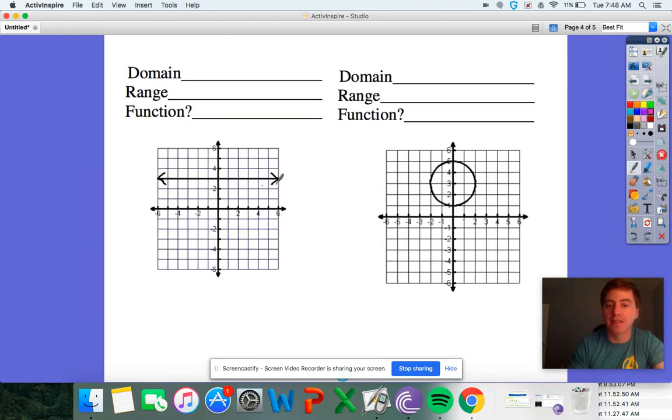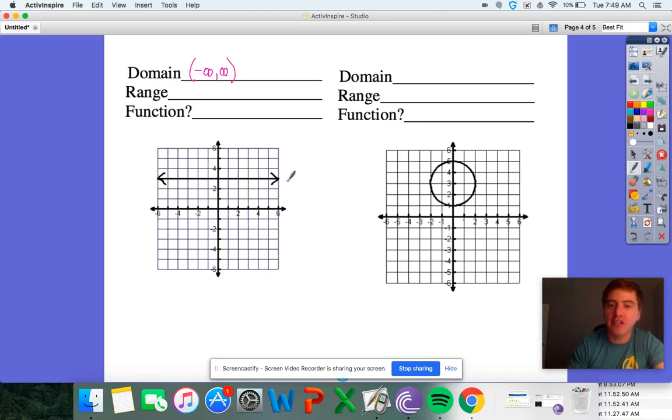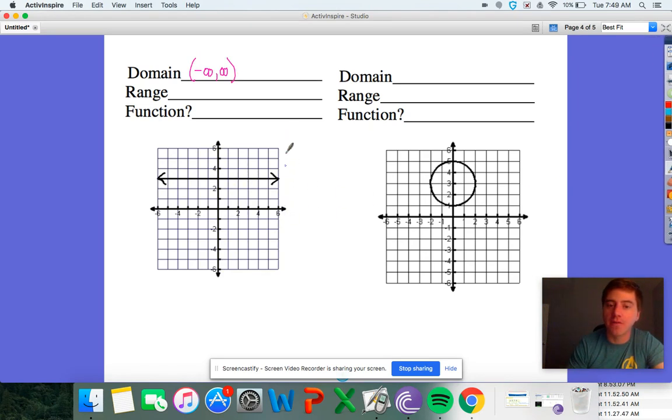We're going to go fast. The domain here, all real numbers, or -infinity to infinity. The range here, how far do we go up and down, up and down, up and down? Well, it's just right here. It's just 3. So you can say y equals 3, or you could say y is the set containing 3, whatever you want to say.